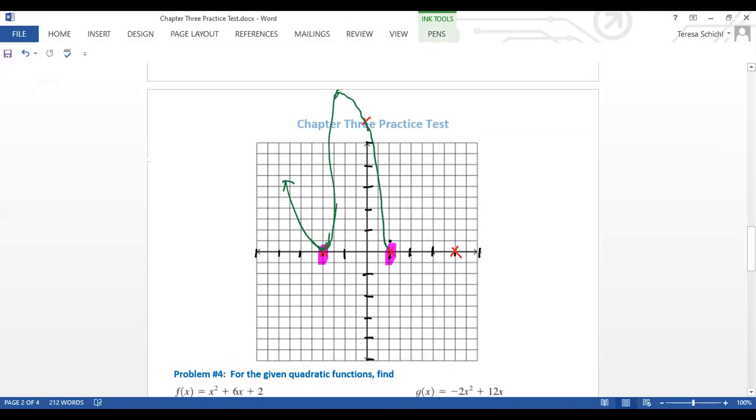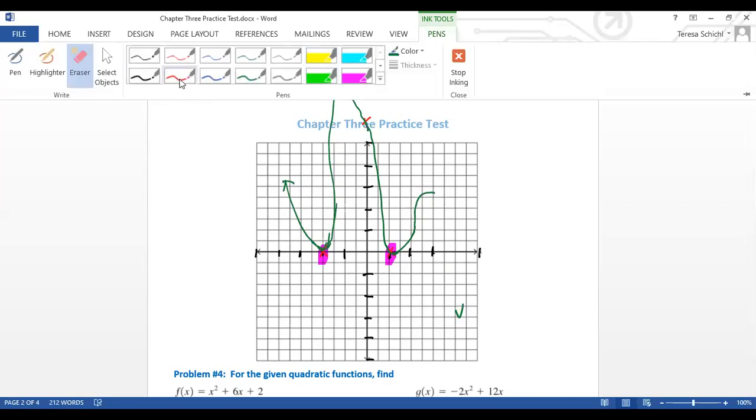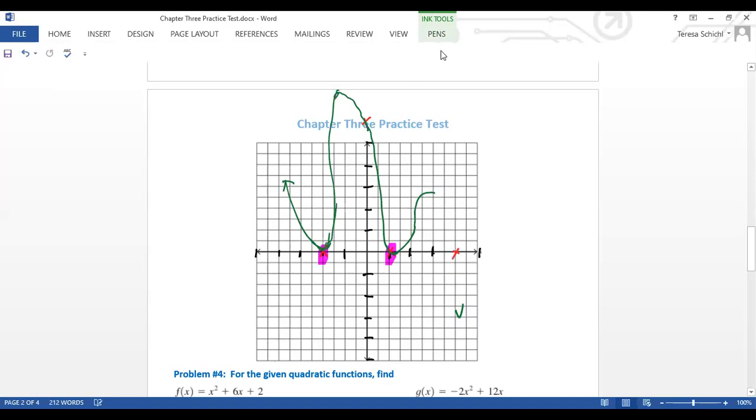And this one has a multiplicity of 2, so I cannot go through the x-axis, so I need to do a tangent turn again, right? I need to turn again in some kind of curve here. Then I need to go through here because my end behavior tells me my right end is going down. So this will be my graph, roughly.